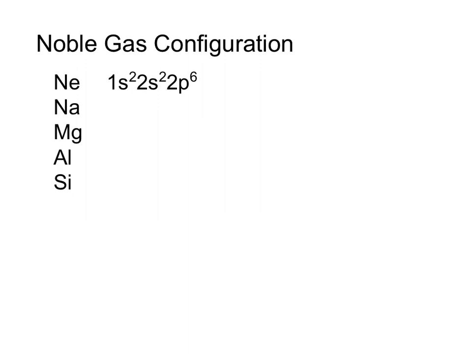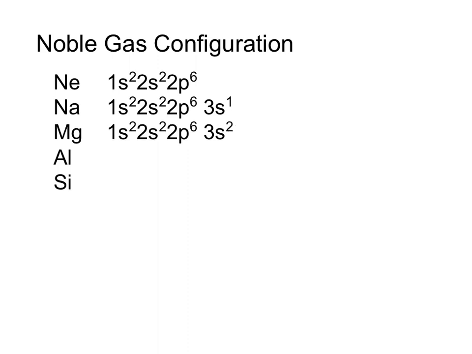We can use what we call a noble gas configuration, which gives us a shorthand method of writing configurations. So let's take a look at a few examples. If we have the electron configuration of neon, we see it's 1s2, 2s2, 2p6. The electron configuration for sodium, 1s2, 2s2, 2p6, 3s1.